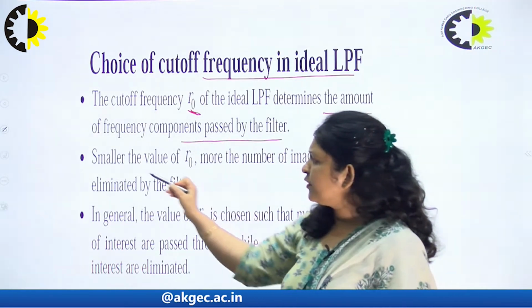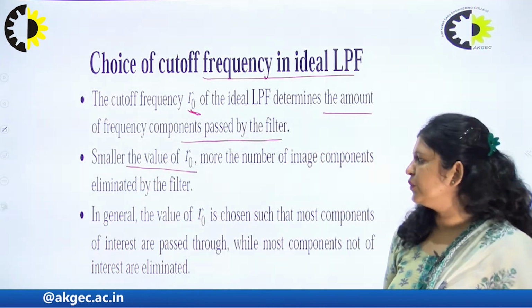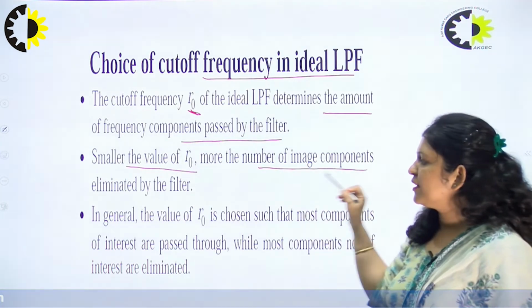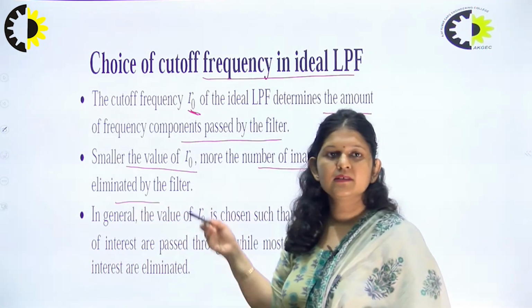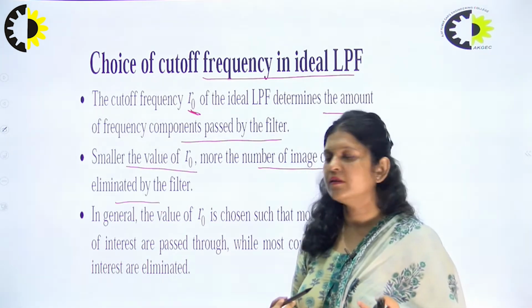So let's see, if we take a smaller value of R0, a very small value, what would happen? More of the image components would be eliminated by the filter. So more components would be removed.